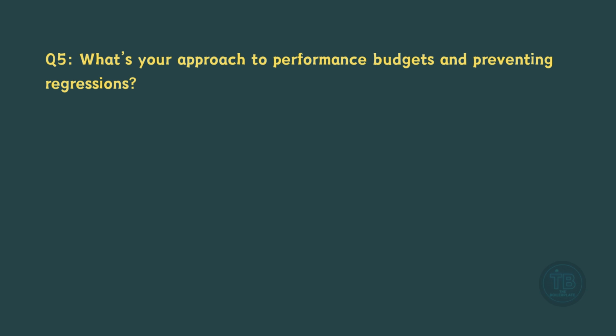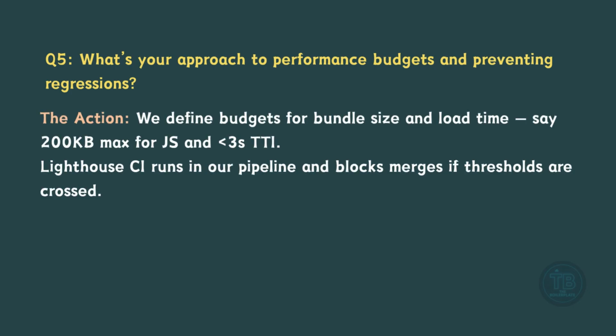Question 5. What's your approach to performance budgets and preventing regressions? The answer would be: we define budgets for bundle size and load time, say 200 KB max for JS and less than 3 seconds for TTI. Now this is just for example, and it's okay if you don't say this, but what's important is that the budget is defined by the bundle size and the load time.